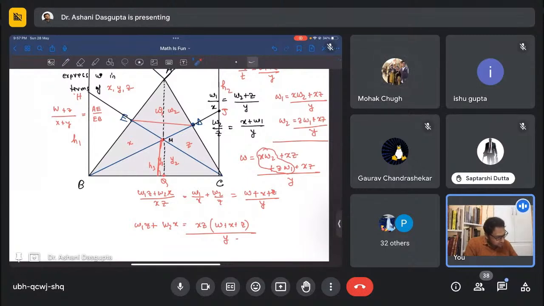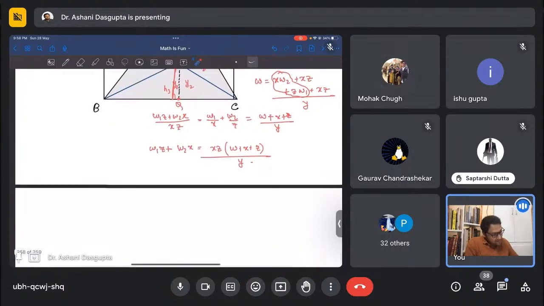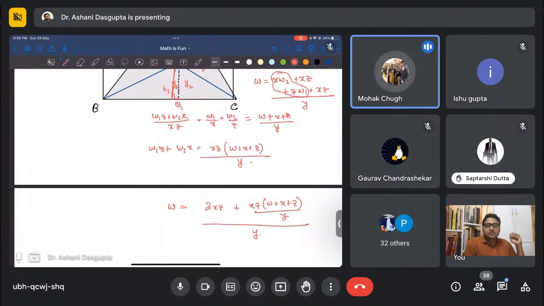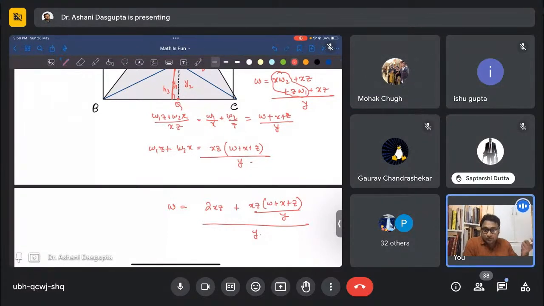So we get W equal to 2 times XZ, this quantity, plus XZ plus X plus Z by Y, divided by Y. And now what we have to do is isolate W from the other side.